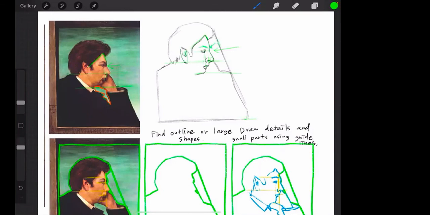So we already have this silhouette, and so we can see shapes around near the chin, like that, and the cuff, and a straight line, and you can kind of draw the shape.